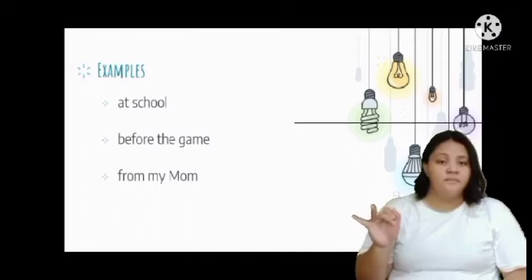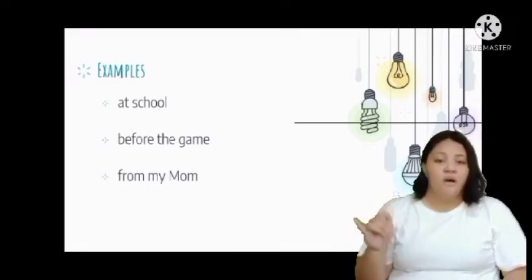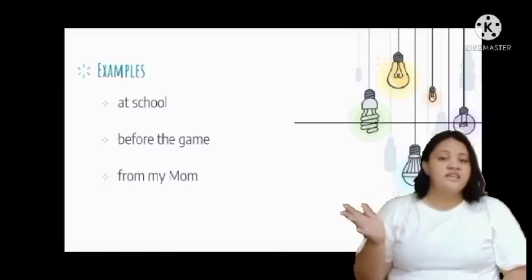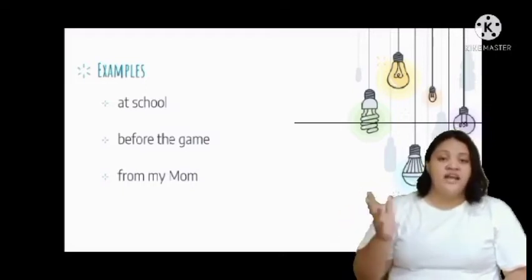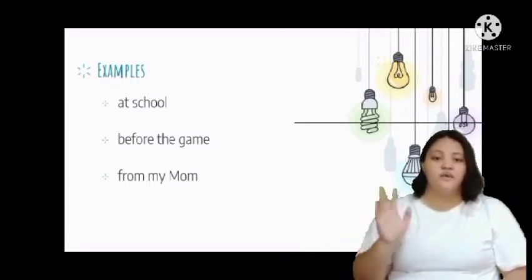Before and from are the prepositions, the and my are the modifiers of the object, and the objects are game and mom. So as you can see, prepositional phrases can have all three factors together, but may also omit the modifier.